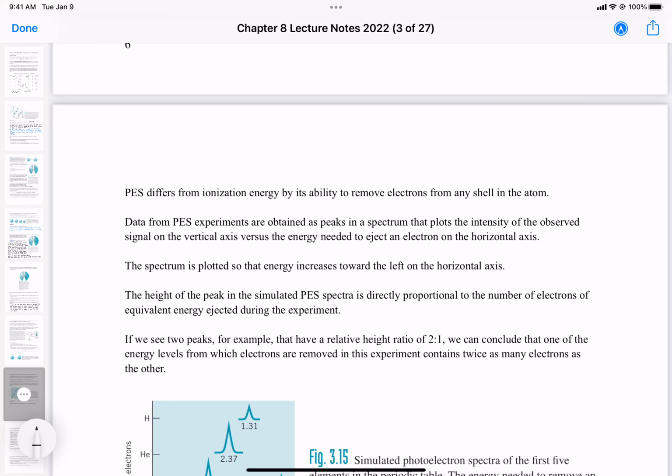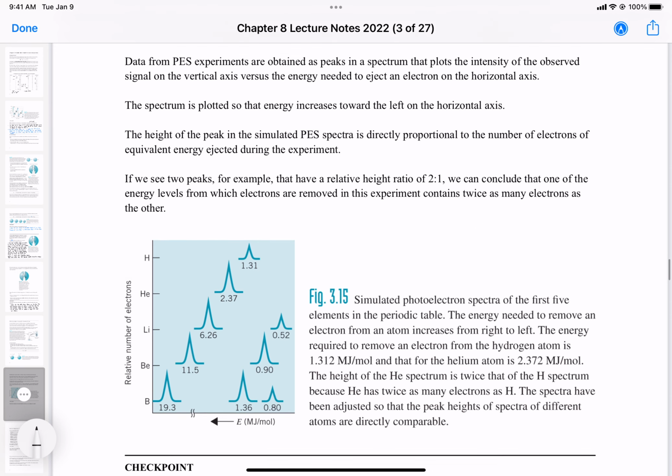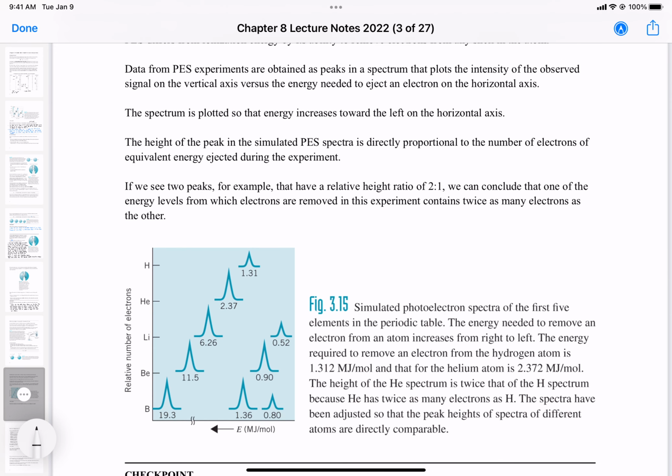The peaks in the spectrum plot the intensity of the absorbed signal on the vertical axis and the energy needed to eject an electron on the horizontal axis. The main difference on this spectrum is that instead of increasing from left to right, the energy increases from right to left. In a normal graph, we would start from 0 and increase from left to right, but it's the reverse here.